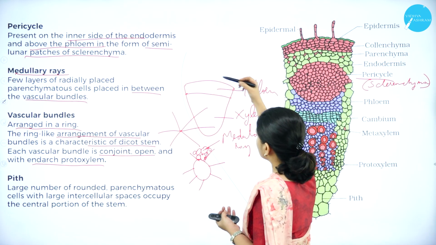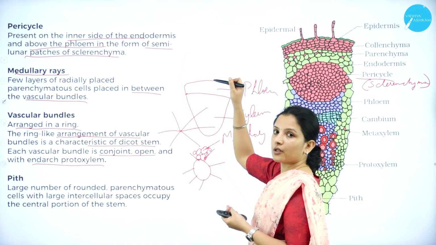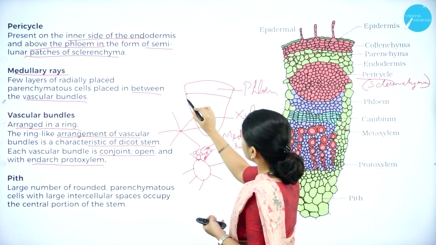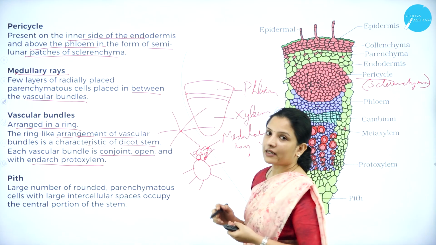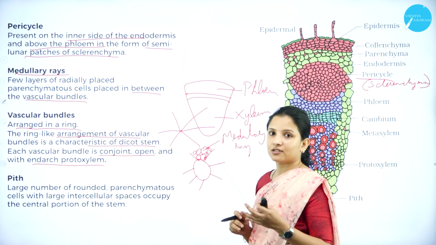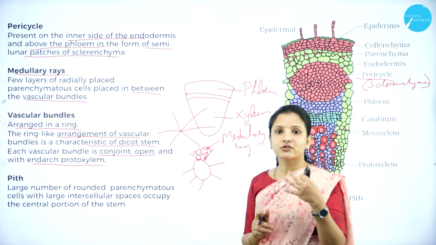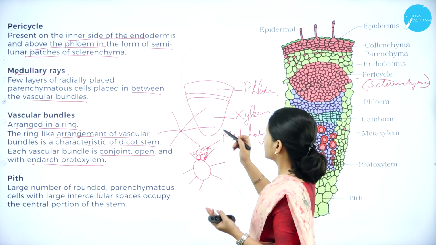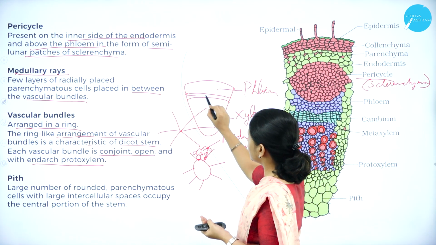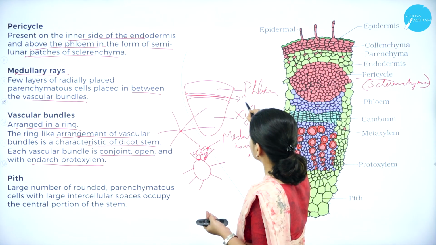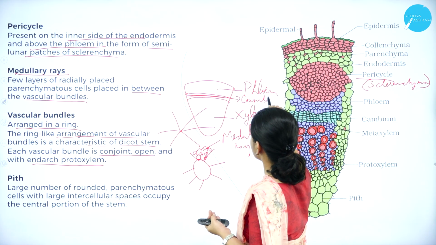In between the cells of the phloem and the xylem, there is a cambial ring present. There are cambium cells. What is the function of the cambium cells? It is to produce the lateral organs. That is the main function. Since the cambial cells are present here, it is called conjoint open.